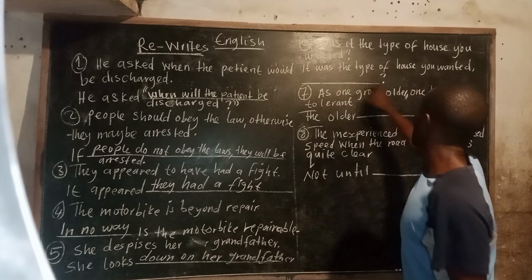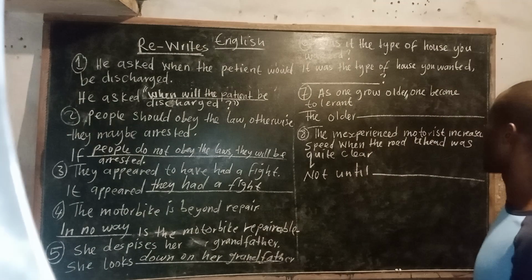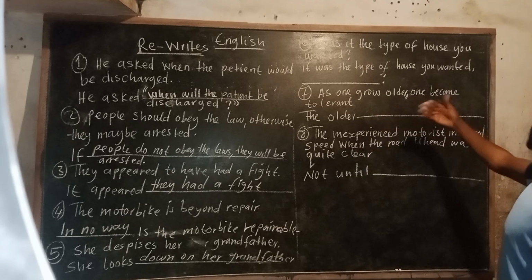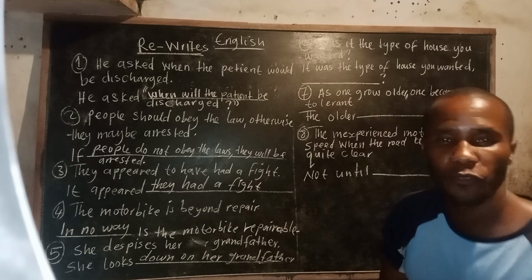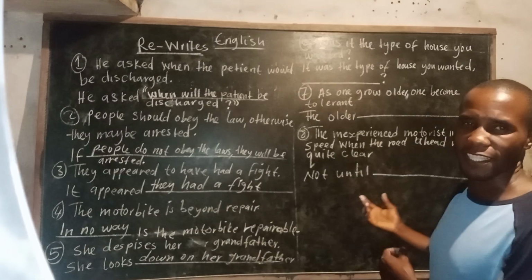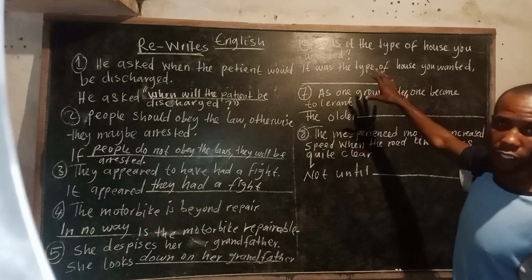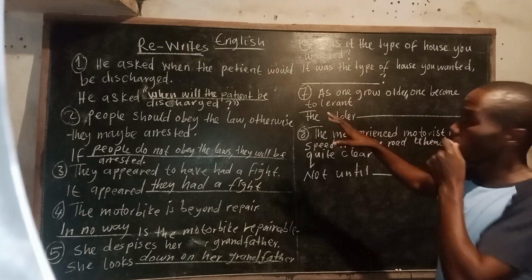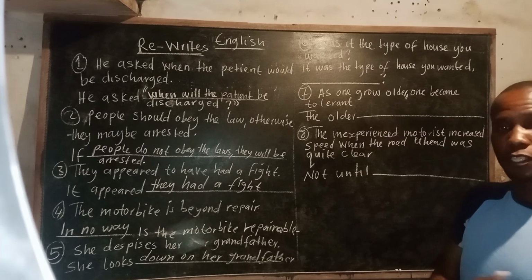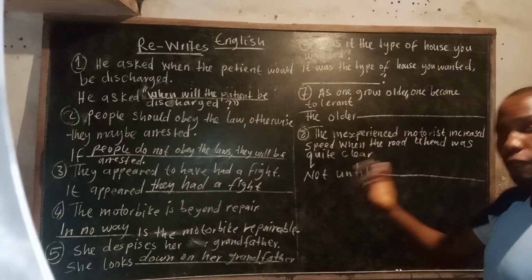comma, then a dash. So on the dash, what is it that you are going to write there for it to have the same meaning as the original sentence? It was the type of house you wanted. You are going to say, wasn't it? You just say, wasn't it? Because it was in the past tense. Remember in English, though we have not reached that type of tense, which is past tense, you have to know that when we say past tense, we are talking about things that have already passed.